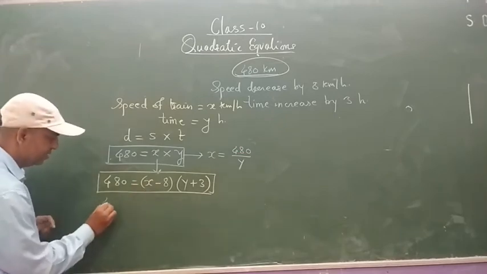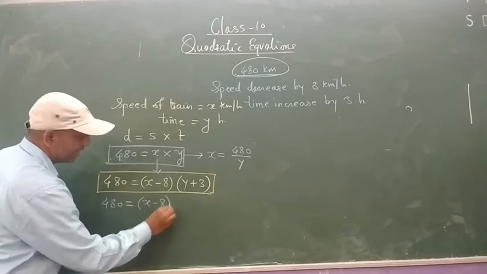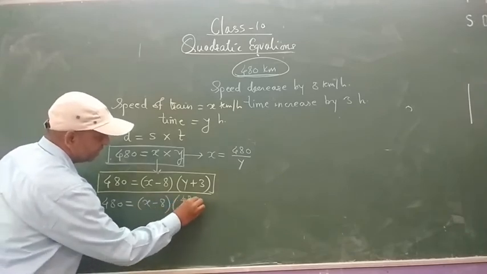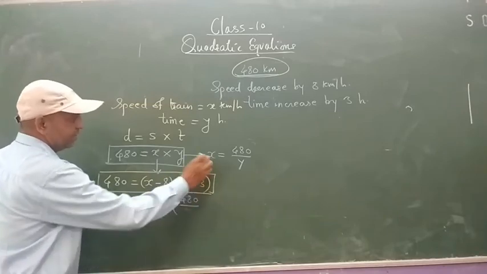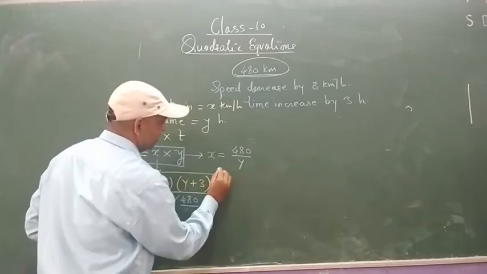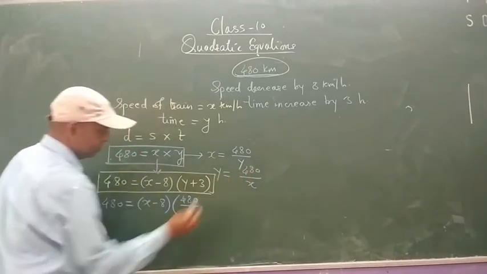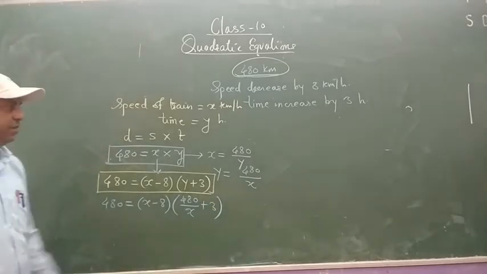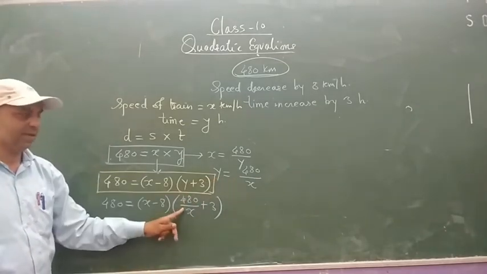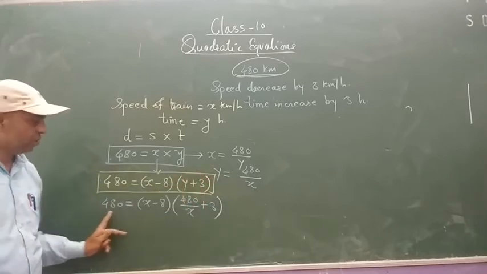So we get 480 is equal to x minus 8 times y, where y is equal to 480 upon x. So 480 upon x plus 3. Substitute the value of y here. Then we solve this equation.